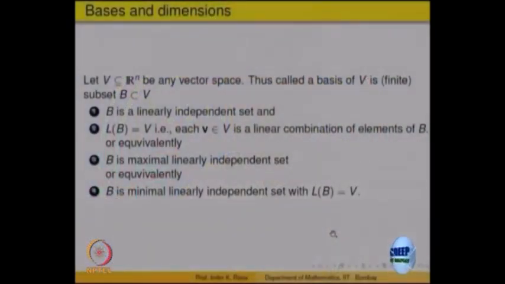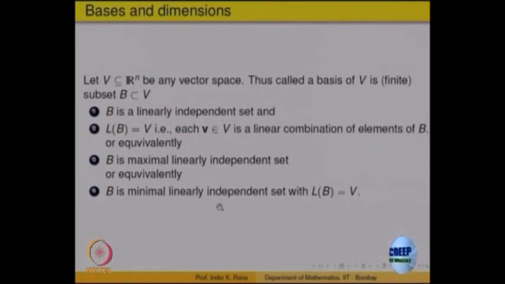So let me recapture all this in this slide. B is a linearly independent set, and this 2 is a redundant thing, it should not be there. So B is linearly independent and the span is V. The itemized numbering you should remove. B is a maximal linearly independent set, or a minimal set, this should be minimal, not again independent.